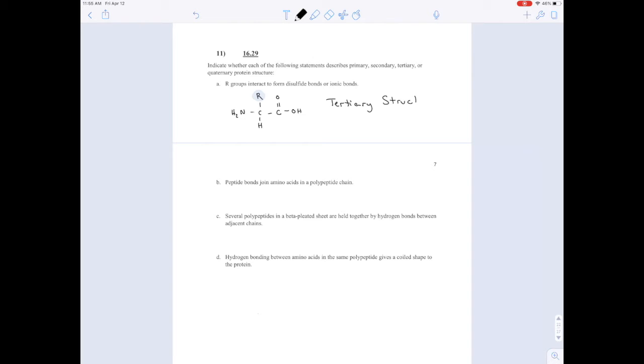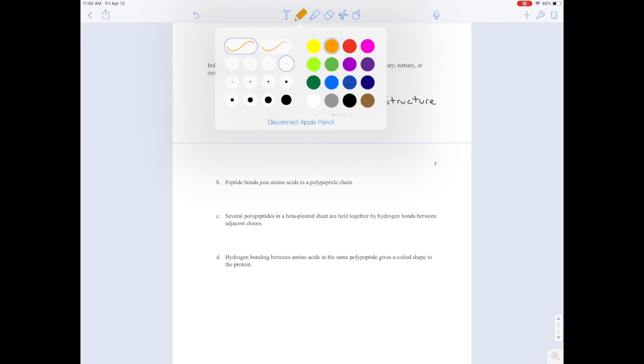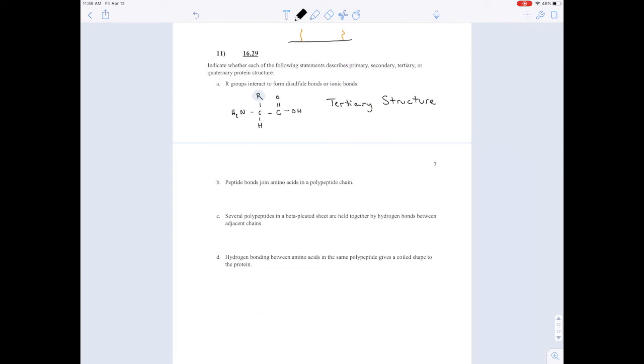For example, if you had a peptide like this, and you had nonpolar amino acids on opposite ends, the whole peptide might come together so that those are right next to each other, and that would make the whole protein fold, and so it would represent tertiary structure.